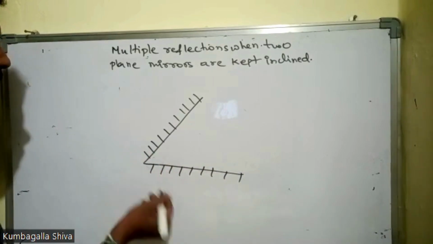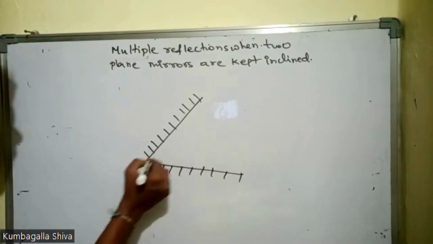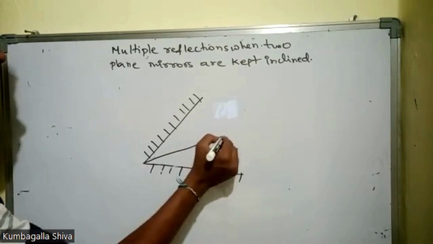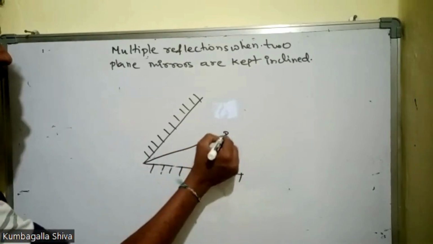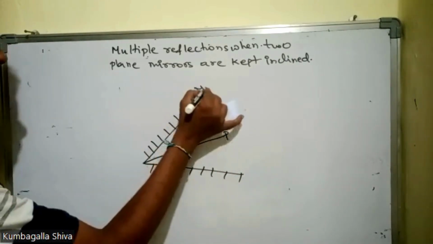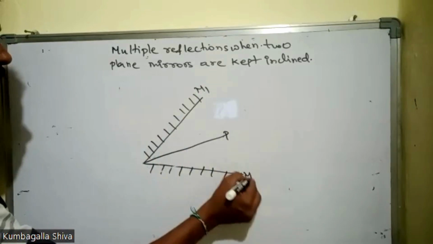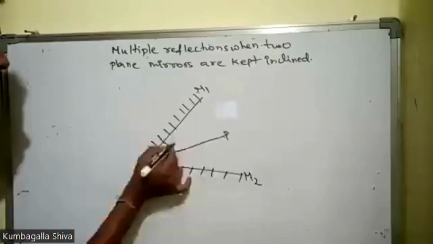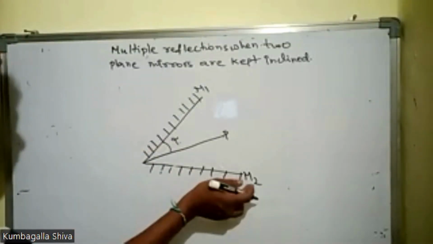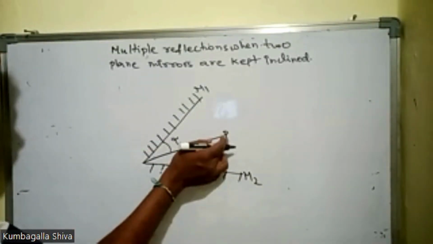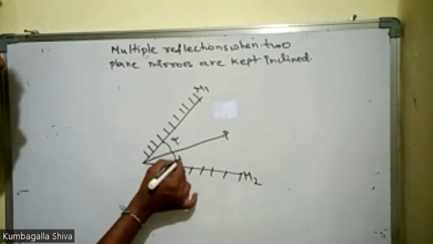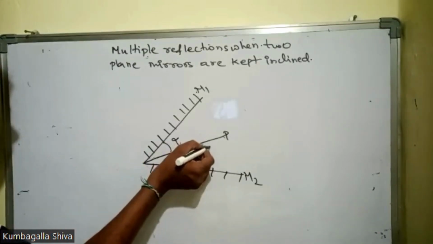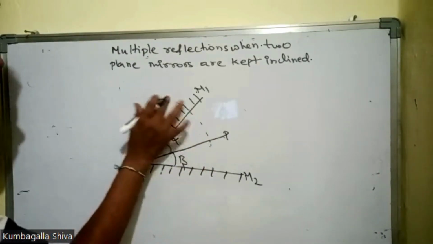Now let us say this is a point P, for mirror M1, and this is the mirror M2. For M1, the point is at an angle of alpha, and for M2, the point P is at beta. We know that it will definitely make a circle, so I'll not make the circle.